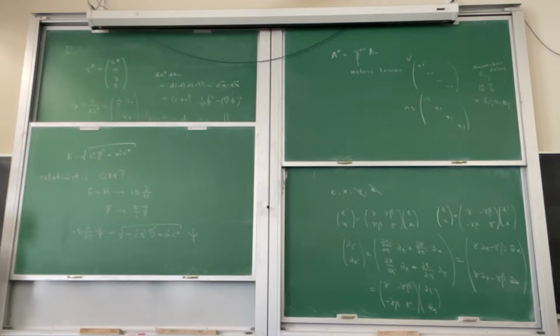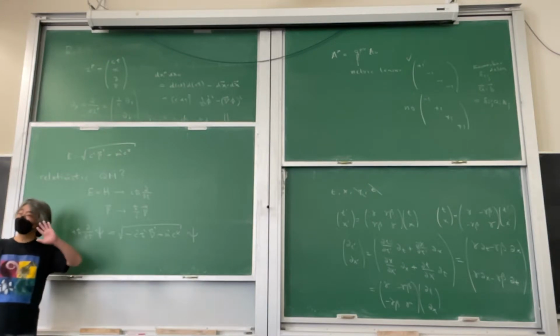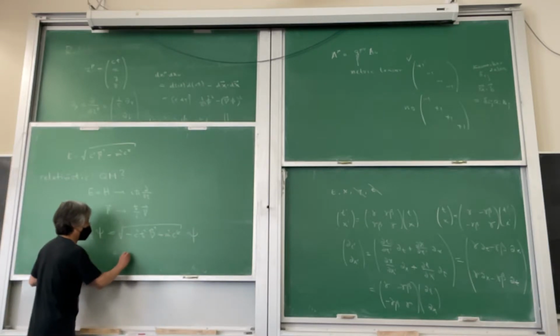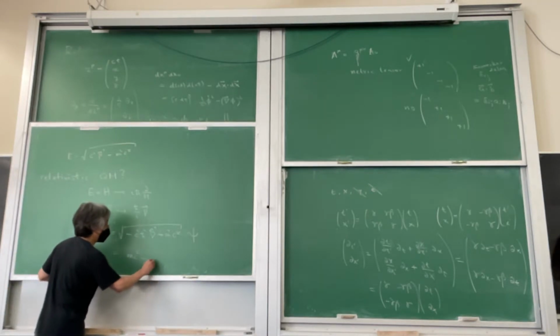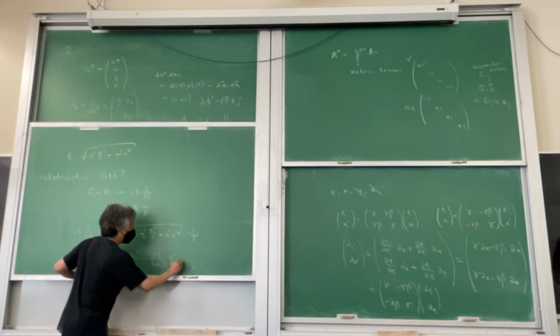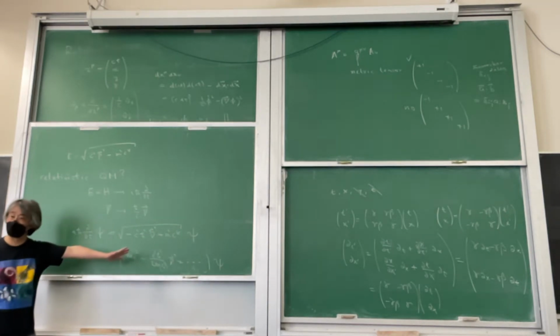It is this one. But now we are staring at a kind of nonsensical equation. What the heck is this? Square root of something with derivative operators inside. You can try to make sense of it if you define it by the Taylor expansion. I don't remember all the coefficients.